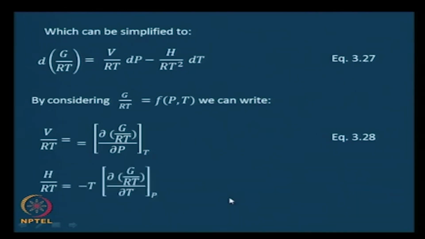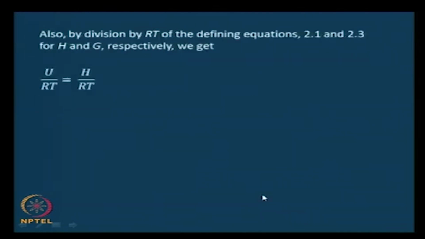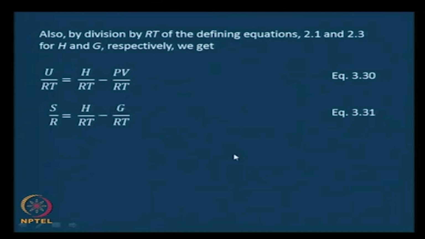H by RT was nothing but minus T dou T of G by RT at constant pressure, and also U by RT was H by RT minus PV by RT, and S by R equals H by RT minus G by RT. We are not looking at A because we may not need it extensively in this course, but of course you could write A too, this is not a problem.